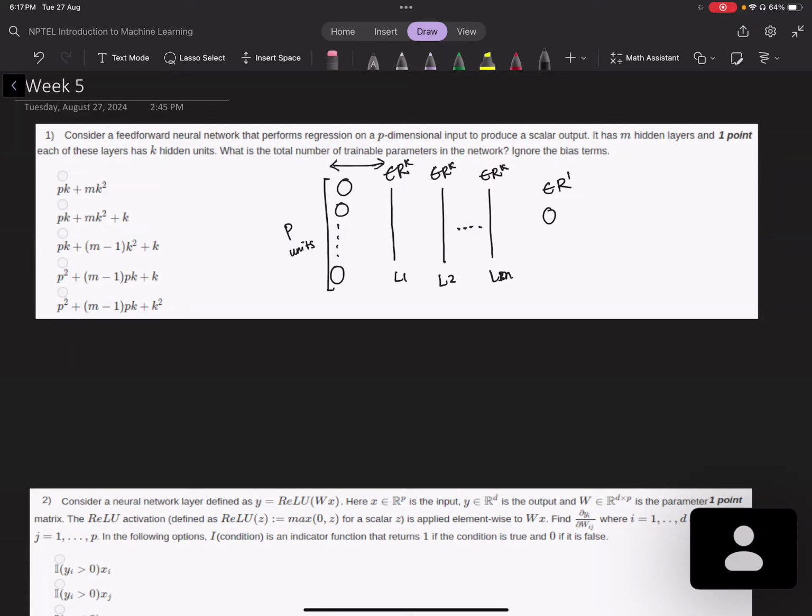The dimension of the first weight matrix would be k times p, and the dimension of the output weight matrix would be k times 1. Apart from that, between hidden layers there will be k times k. For 3 layers, we have 2 such pairs. If there are m layers, there will be m minus 1 of k times k.